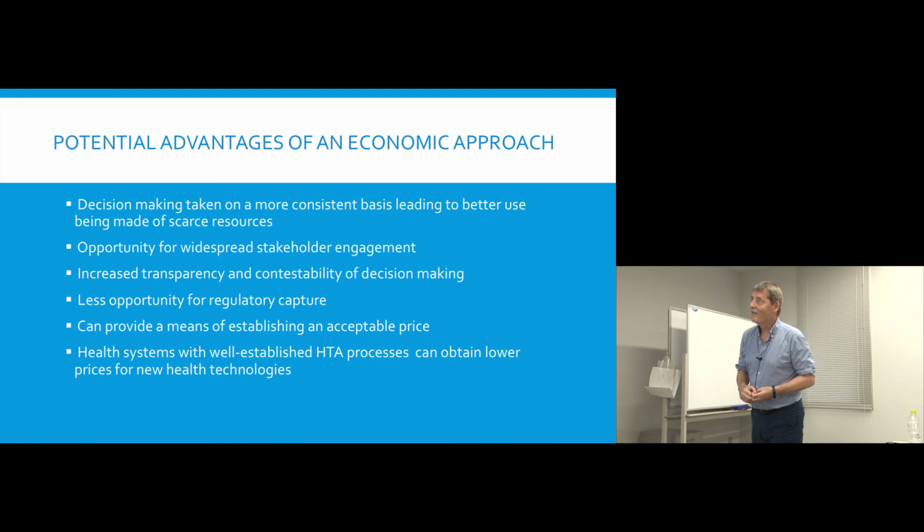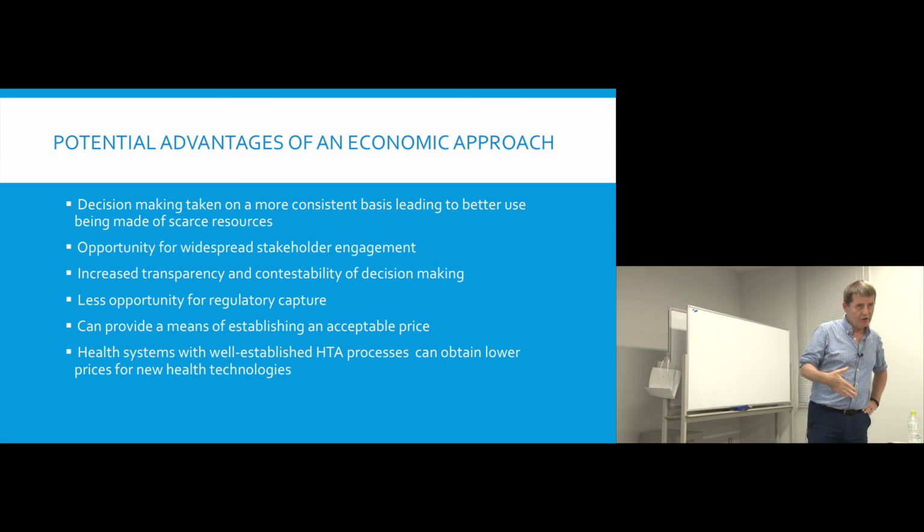Now, whether we call this an advantage or we call it a sort of belief or an assumption, let's call it a belief. The belief is that if you can take decisions on a more consistent basis, you'll have better use of scarce resources. And the whole drive of using an economic approach is to try and take these decisions on a consistent basis.